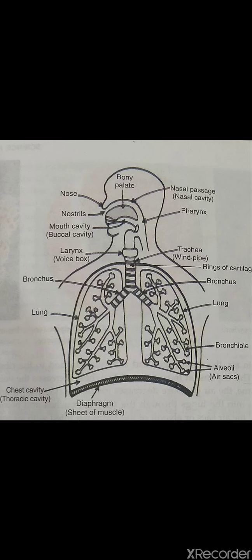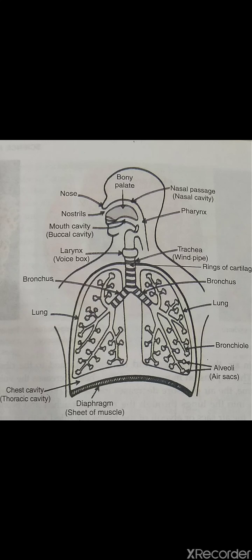At the top of the trachea is a flap of cartilage called the epiglottis. The function of the epiglottis is to cover the mouth of the trachea when we swallow food so that the food may not enter the trachea. In this way, the nasal passage and pharynx join the nostrils to the windpipe, that is the trachea.